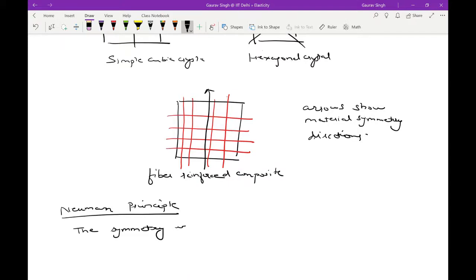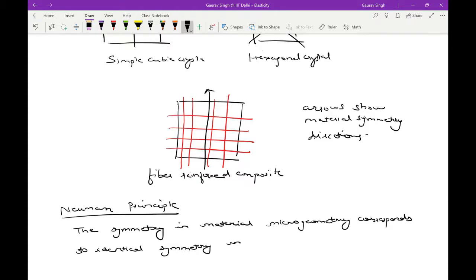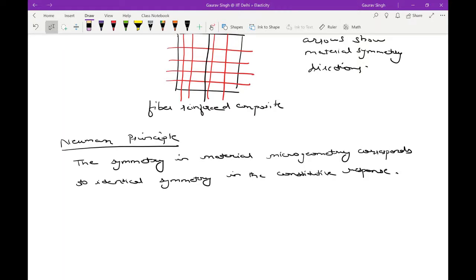The symmetry in material microgeometry corresponds to identical symmetry in the constitutive response. Okay.